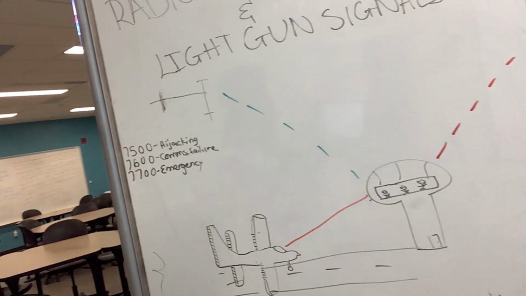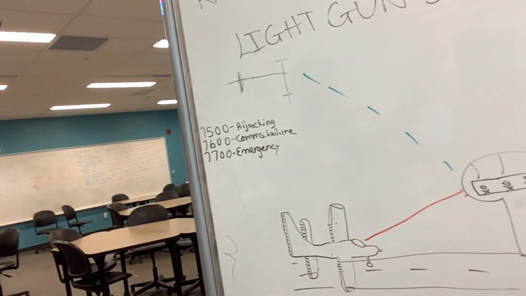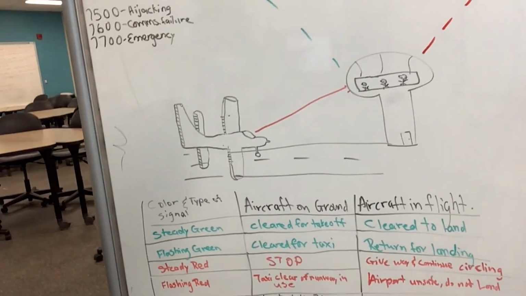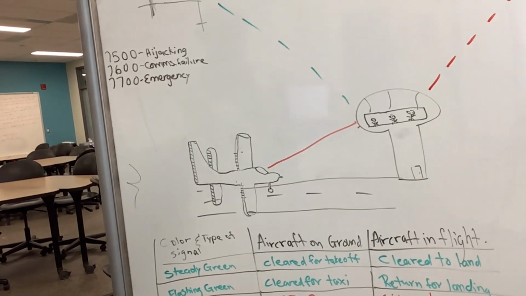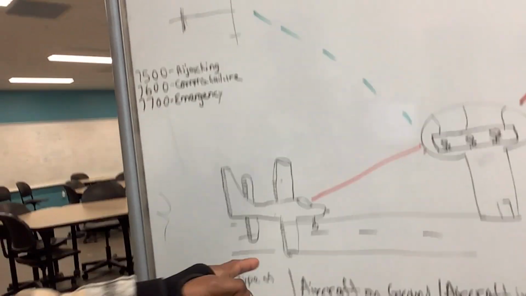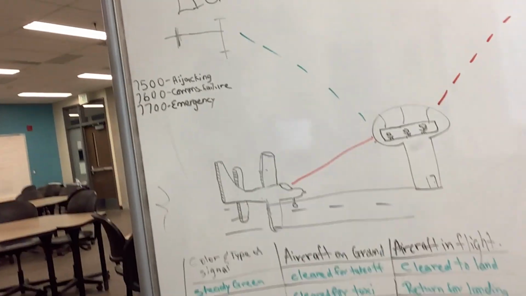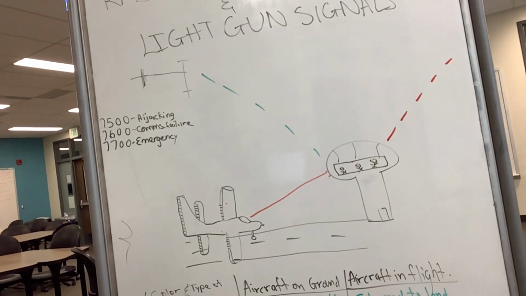Here I drew a plane with a tower giving it a steady red signal, and that means stop on the ground. That line to the tower means stop on the ground. And if this aircraft was in flight, then that steady red light from the tower would mean give way and continue circling.